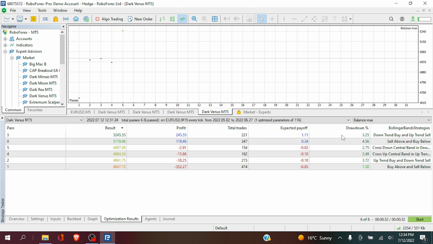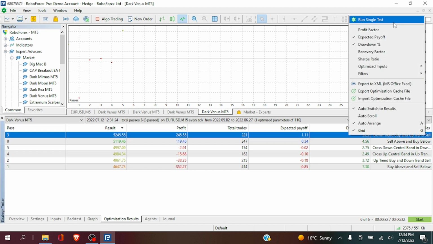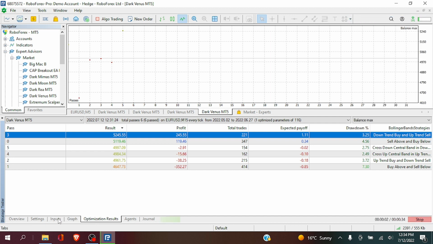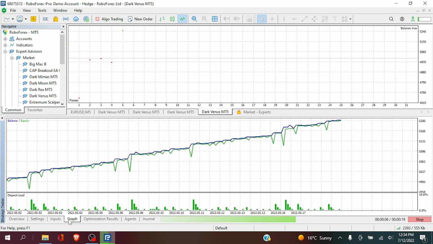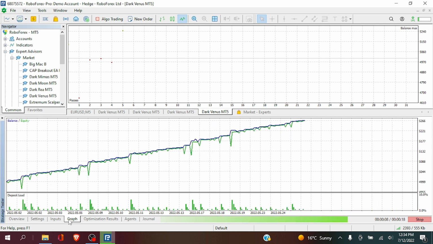And what we're going to do is run a single test for this specific strategy. So we can optimize our first strategy for Dark Venus. So if we run a single test, we can see the graph and results.